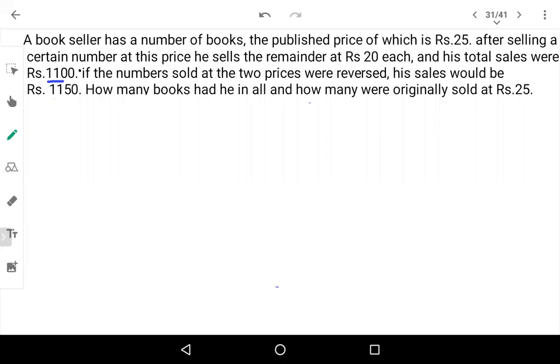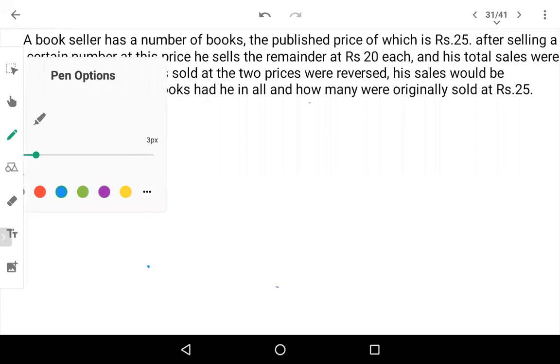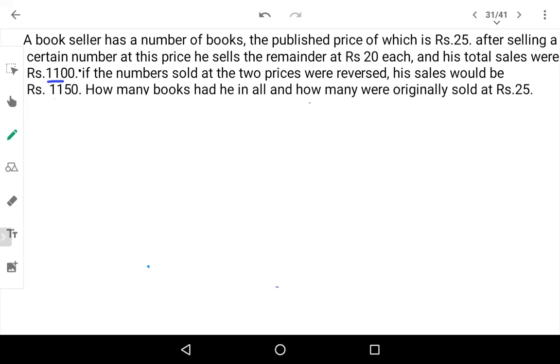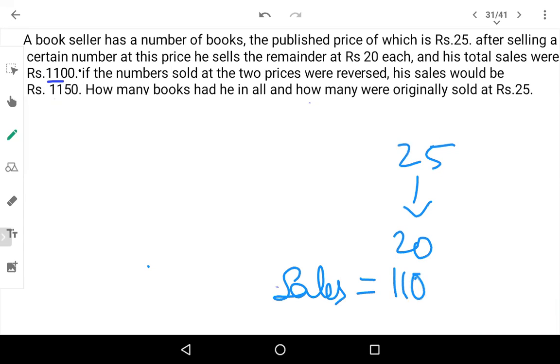Okay. Then if the numbers whatever he sold, if we reverse it, so simply what he is trying to say is, first he was selling the book at 25 rupees. After some time, he started selling the book at 20 rupees. Okay. Now he has got total sales as 1100. Now what they are saying, this is scenario number one.